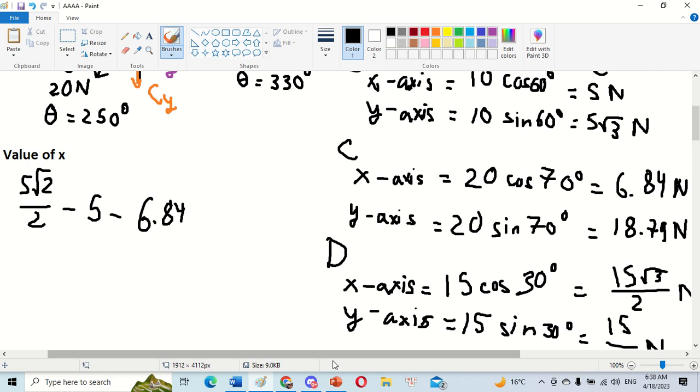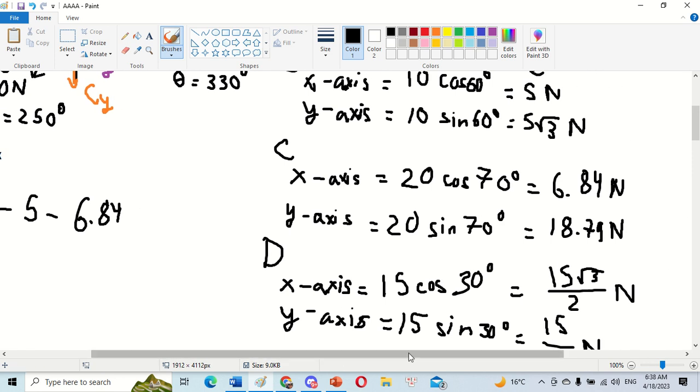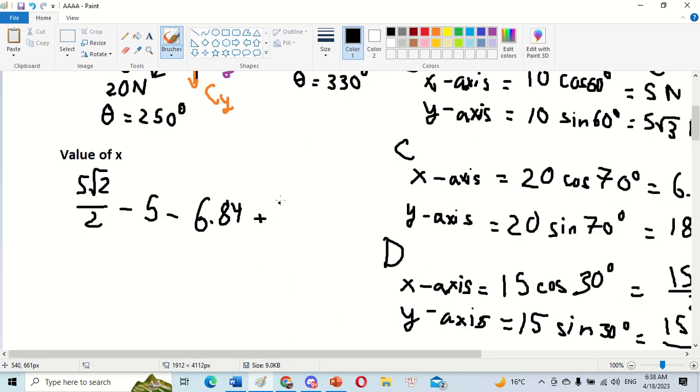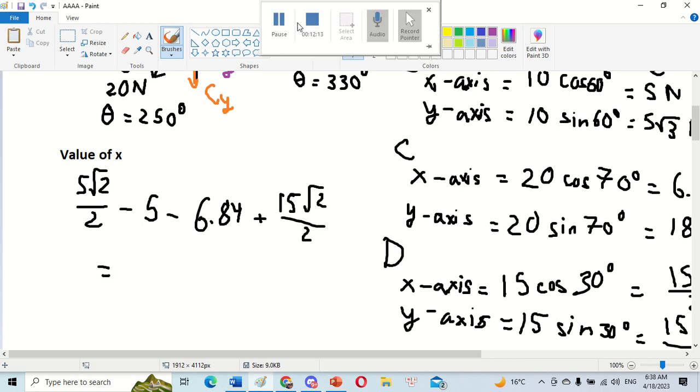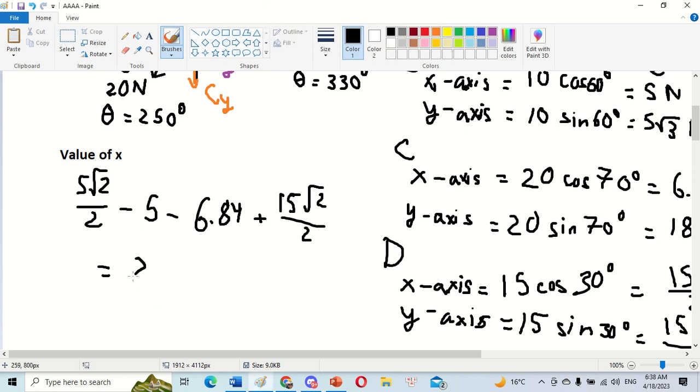And D that is positive. We need to add about 15 with the square root of number 2 over number 2. So we calculate this one, and we got 2.30 Newton in here.